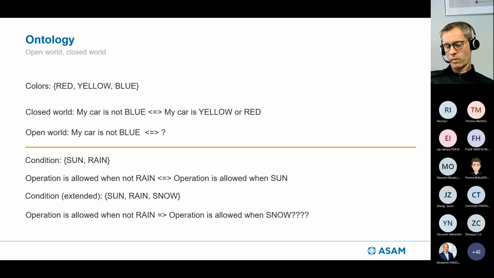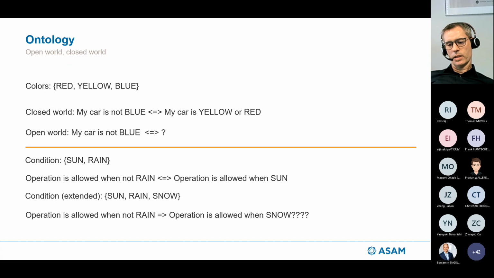When you are in an open world and want your conditions to be extendable by someone, for example snow being added to the conditions, you can still have the rule: operation is allowed when not rain.